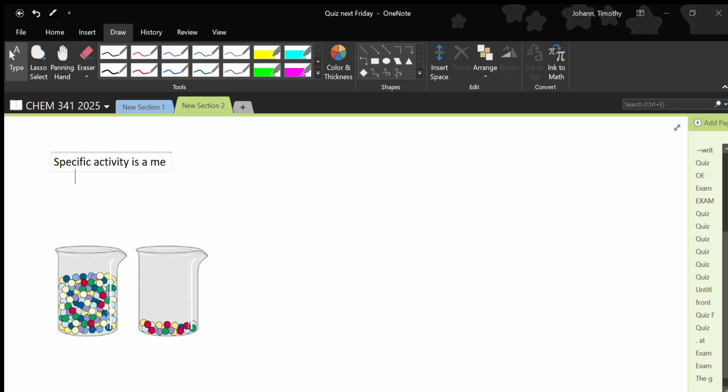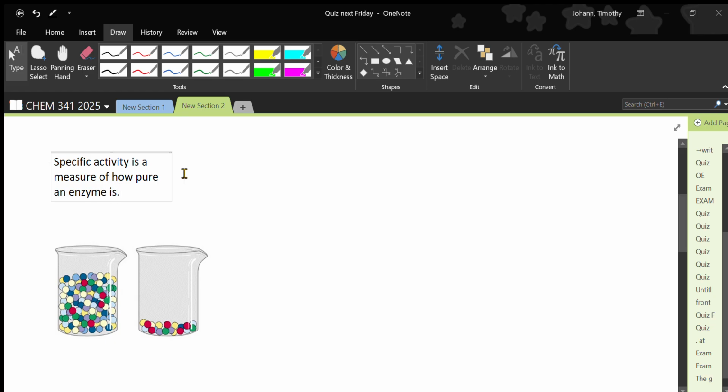Could be something other than an enzyme, but it'd have to have some sort of function. If you were doing specific activity for hemoglobin, you might see how much oxygen was picked up compared to how much protein you had.